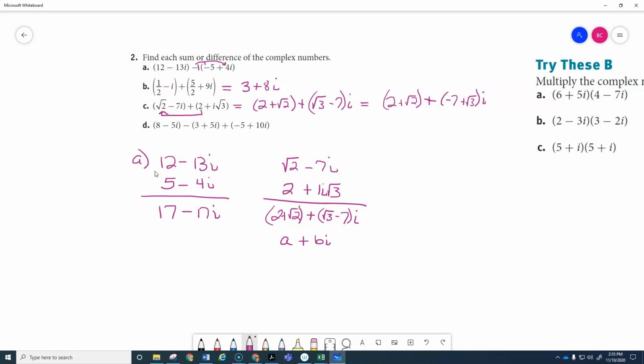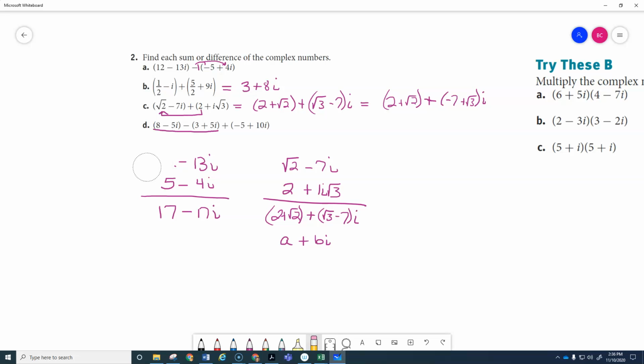The only reason I put the square root of 3 first is because the 7 was negative. If you put it like this, be sure you put the negative with the 7. Okay, so this one has 3 parts, so we'll need to do these two together first.